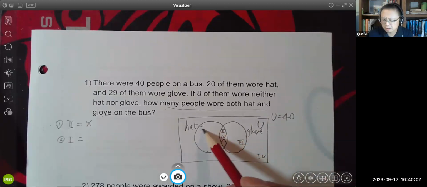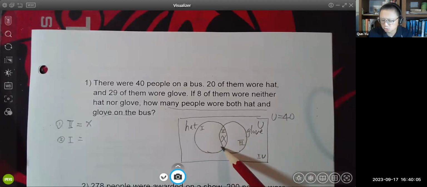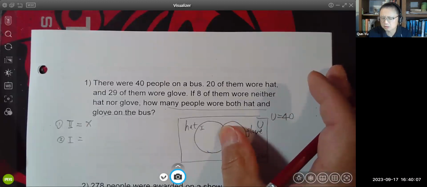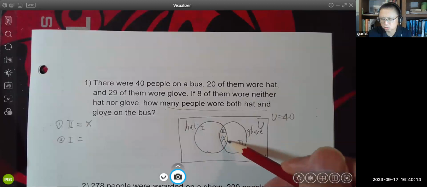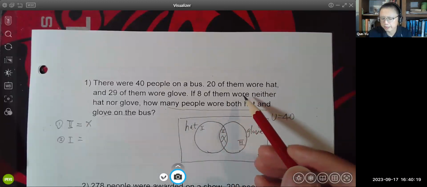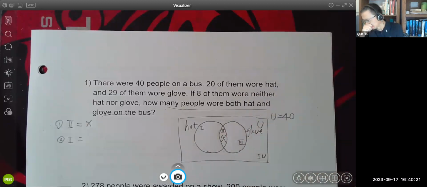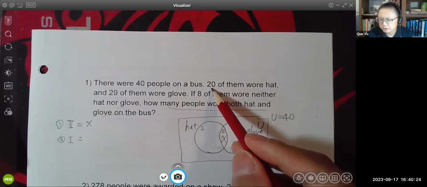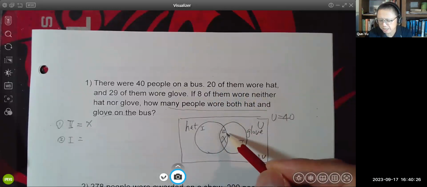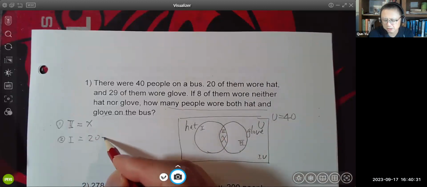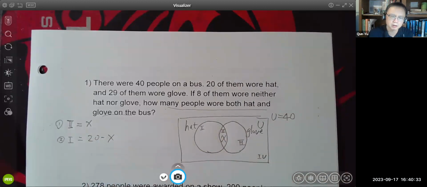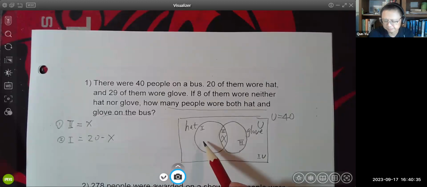Apparently, this is region 1, which represents this portion of the hat set, and we use the set hat subtract region 2, subtract X. How many people were hat? 20 of them, right? 20 subtract region 2, which is X, equals region 1. So 20 minus X represents how many people were only hat.